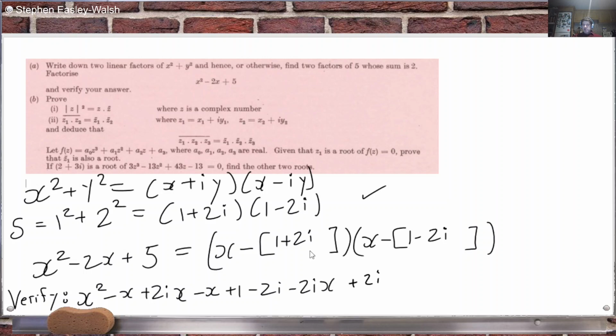And then minus minus minus is minus. But then i squared is minus, so that's plus 4. So that cancels with that. That cancels with that. So you're left with x squared minus 2x plus 5. Good. That answers the first part.